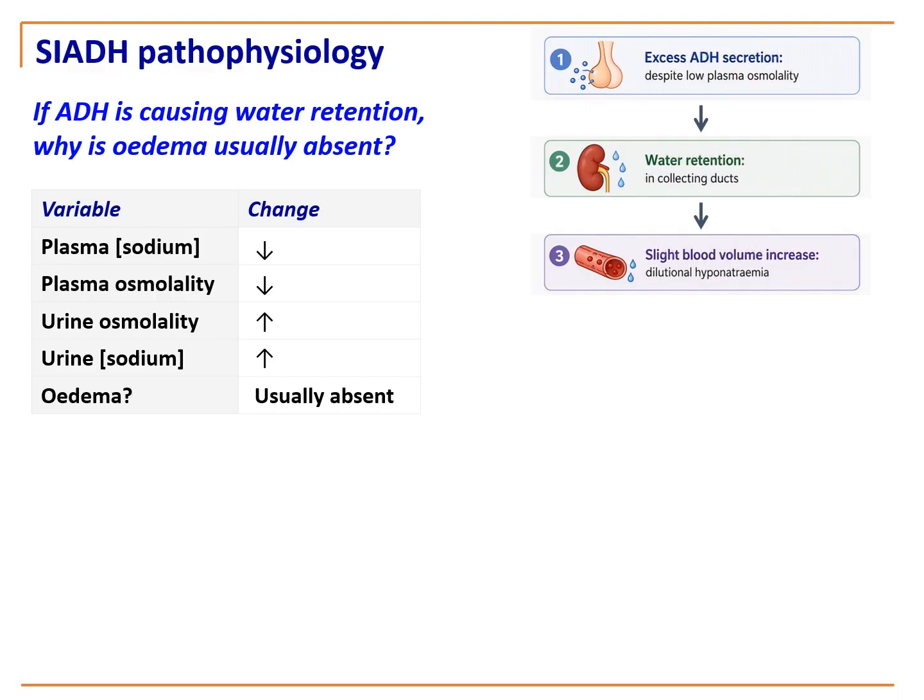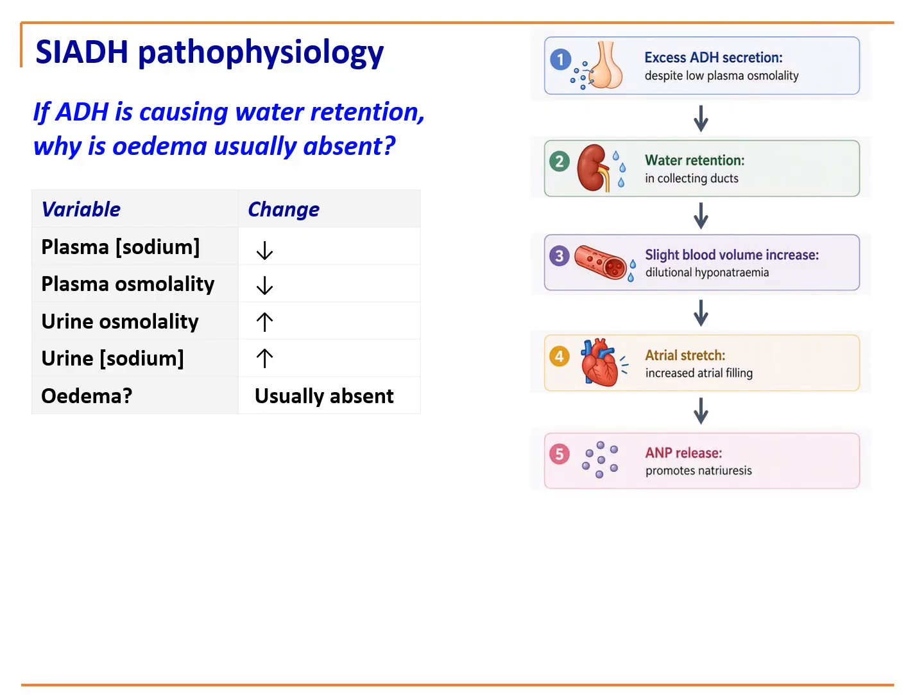We're retaining water and diluting the plasma out, so we're getting a dilutional hyponatremia. But in particular, that increase in blood volume means we start to get atrial stretch, and that increased atrial filling stimulates the release of atrial natriuretic peptide. ANP promotes sodium excretion in the kidneys, and as you're getting that sodium excretion, water is following.